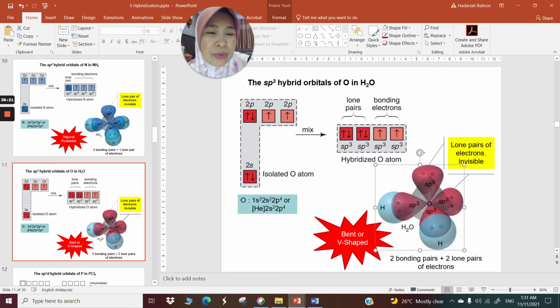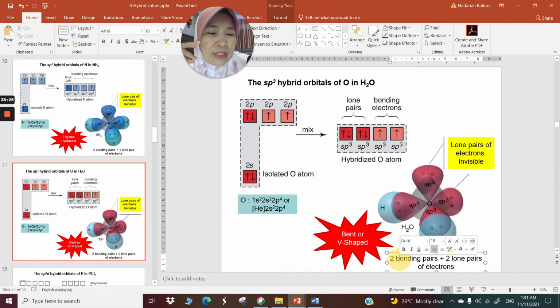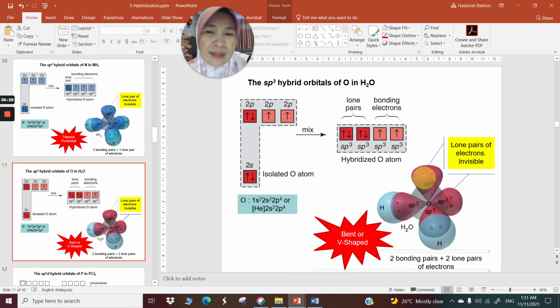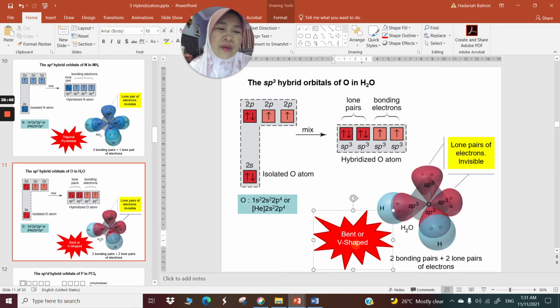Yeah, 2 OH bonds, and you have 2 bonding pairs and 2 lone pairs, and these 2 lone pairs are invisible. So when they are invisible, what you get to see is only this bent shape, HOH. That is a bent shape or a V shape.